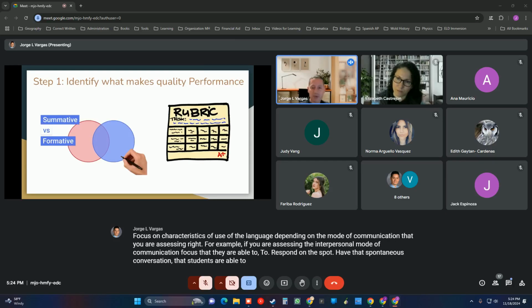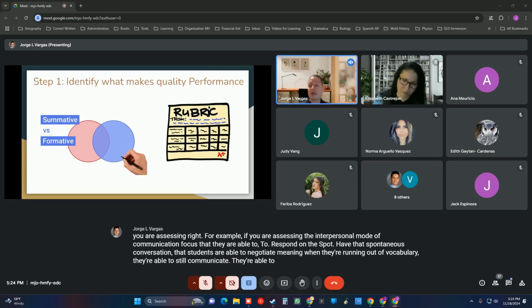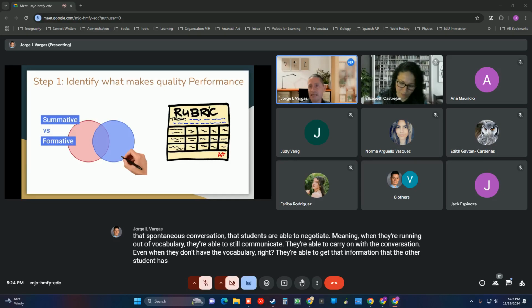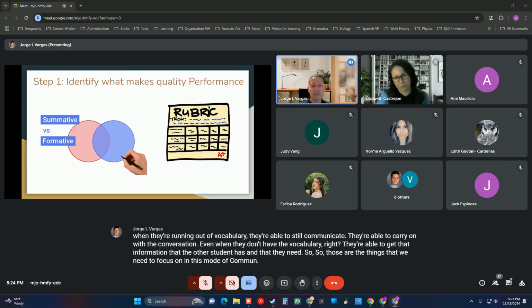They're still able to communicate and carry on with the conversation even when they don't have the vocabulary. They're able to get that information that the other student has and that they need. So those are the things that we need to focus on in this mode of communication. Our main priority is to assess communication. Okay.